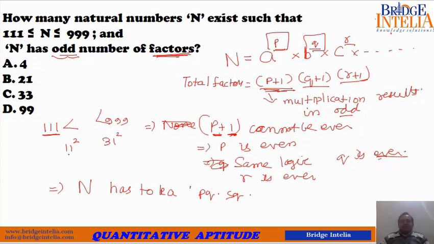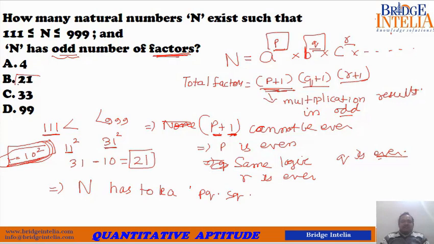So starting from 11 up to 31 square, first 10 squares are missing. So 31 minus 10, the final answer is 21 such perfect squares lie in this range.